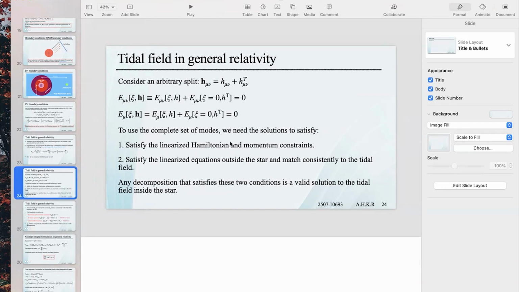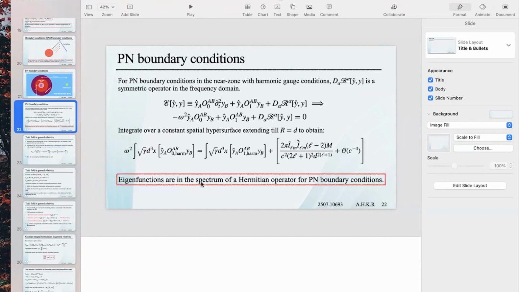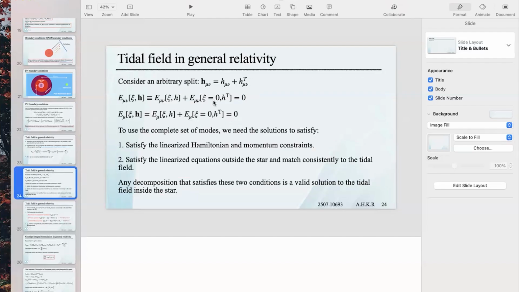Well, so you need to satisfy these assumptions if you want to use the modes that were proved here. These modes are described with the multiple boundary conditions. So your tidal field has to be somehow subtracted from your solution inside the star, and that means the tidal field has to match the tidal boundary conditions.